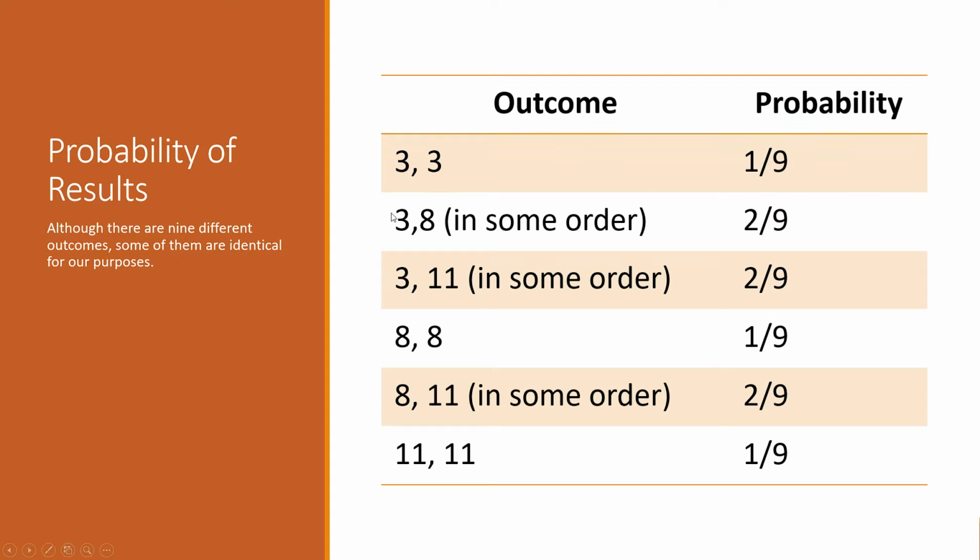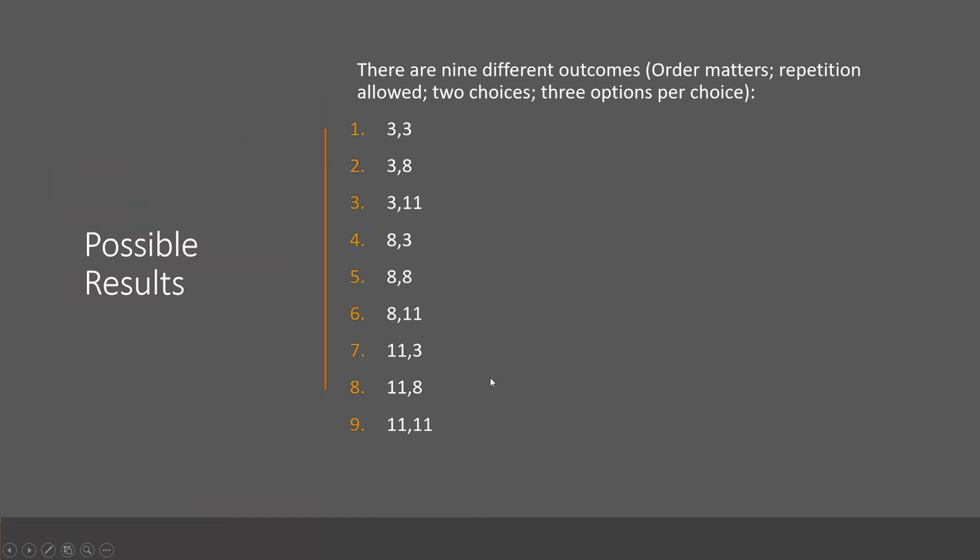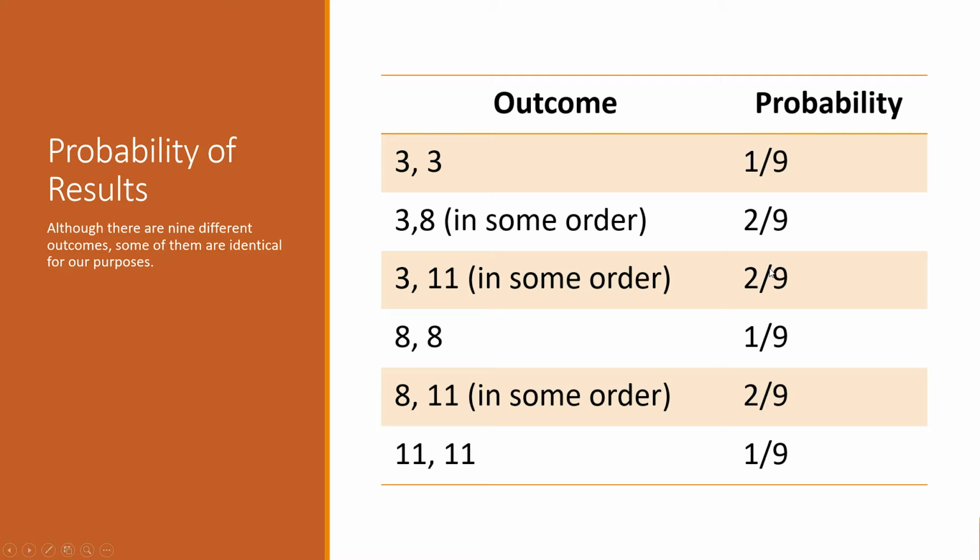Because you can get an 8 and a 3 or a 3 and an 8, you are twice as likely to get 3 and 8 in some order than you are to get 3 and 3. And that's going to be important. So here are all of our probabilities spelled out. There are 9 total outcomes, but some of them double up from a probability standpoint.